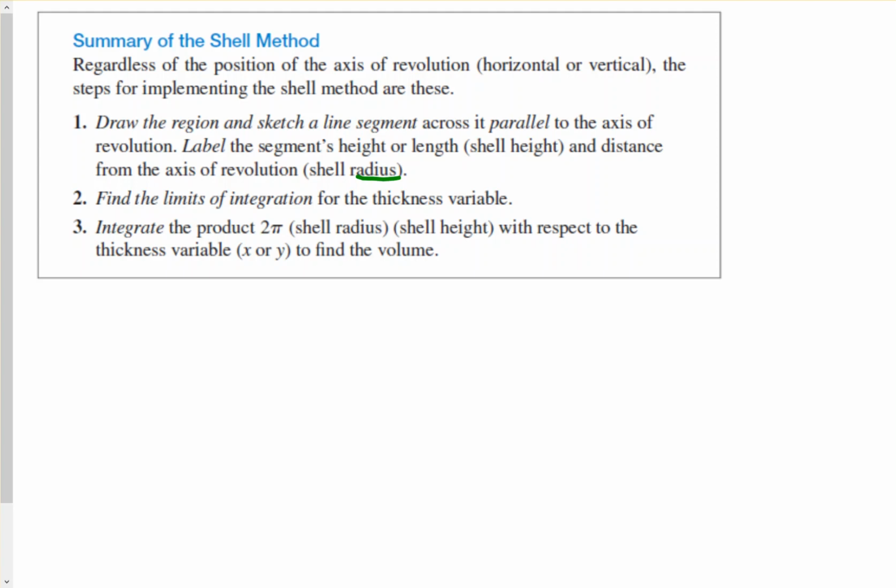Find the limits of integration. And then integrate 2 pi r h with respect to the thickness variable, x or y. And then you would find the volume using the shell method.